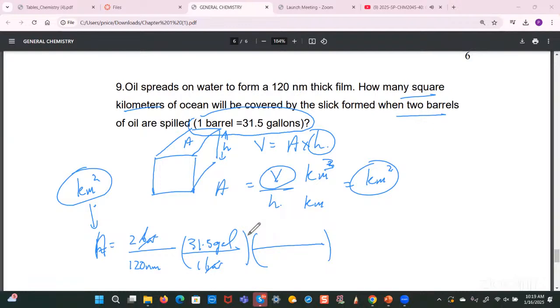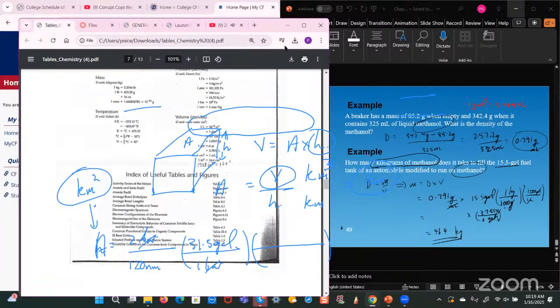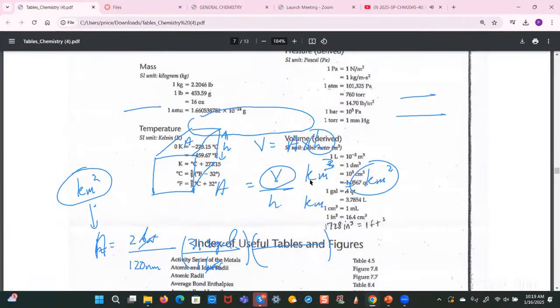So here I really need to refer to 2. Okay, so how would I go from this here? Gallons to kilometers cubed.